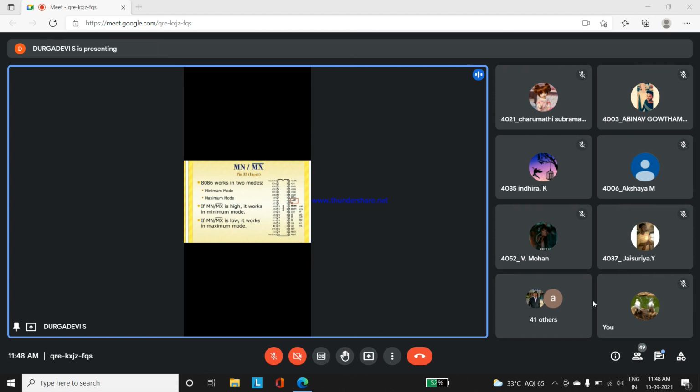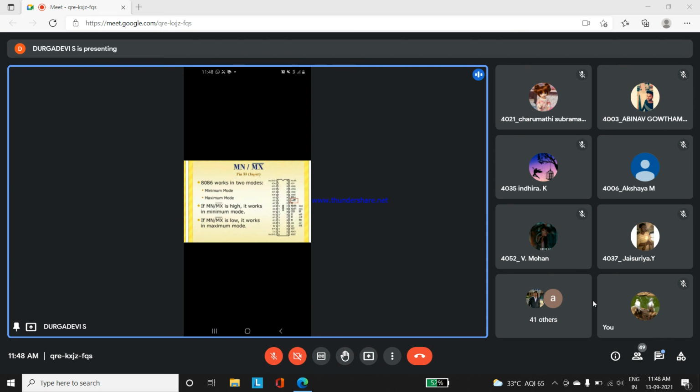MN/MX bar equal to 1 means you're operating in minimum mode, only one processor. Suppose MN/MX bar is equal to 0, it is a maximum mode. So your system is having more than one processor. Is it clear, everyone?